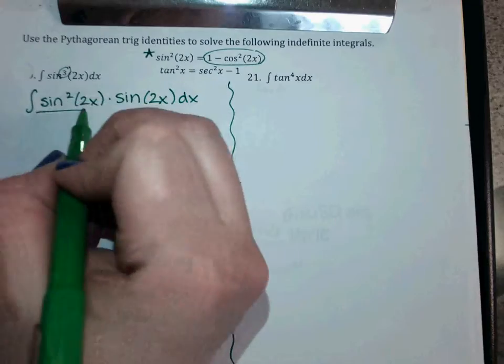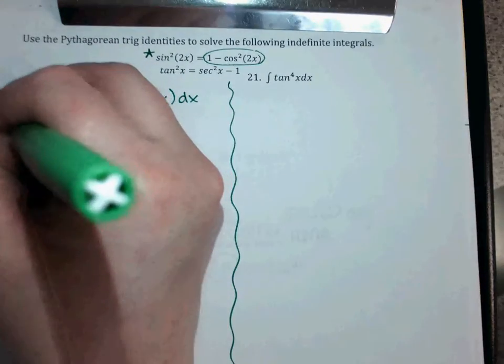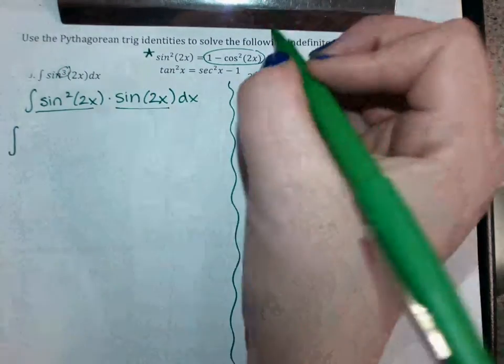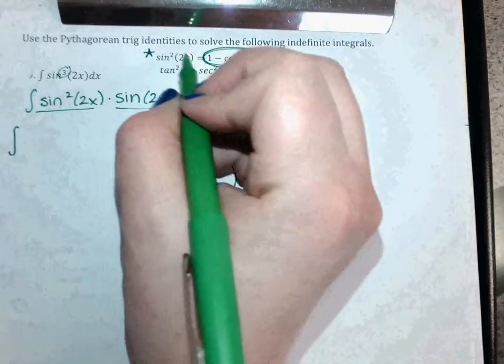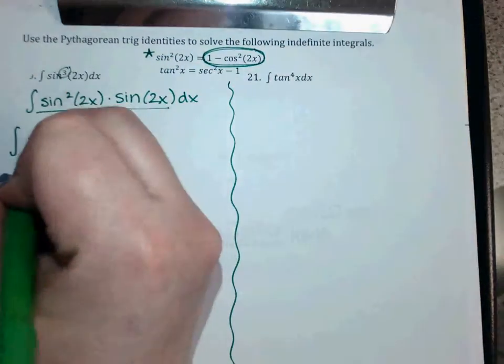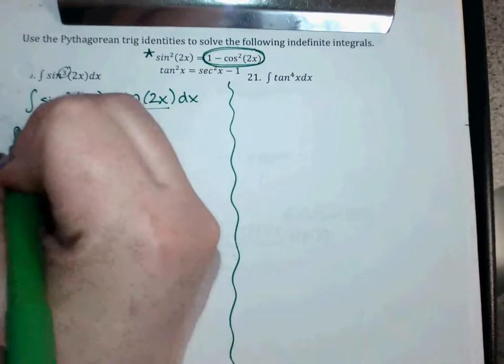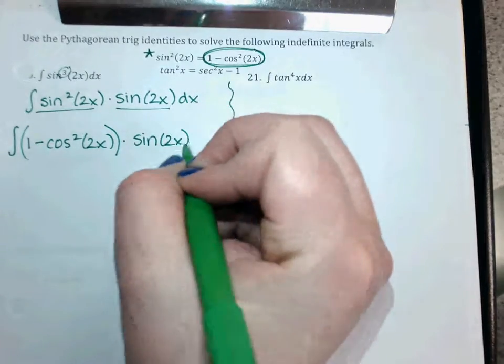Now I have 2 and 1, so that still counts as 3 altogether. Then we're going to split up the sine squared 2x and replace it with this. So that's going to replace the sine squared in the equation. So now it's 1 minus cosine squared 2x, and then still times sine 2x at the back, dx.